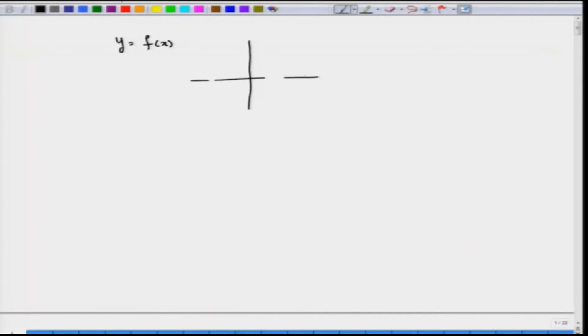In real life, we might need to face the situation where we cannot explicitly write y in terms of x. For example, look at this graph. This is called the folium of Descartes and it is given by the algebraic equation x cube plus y cube minus 9xy is equal to 0.